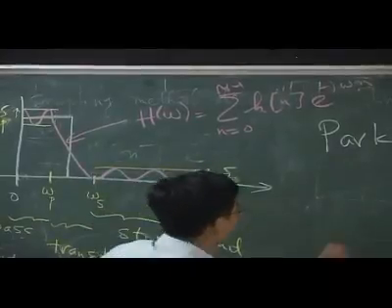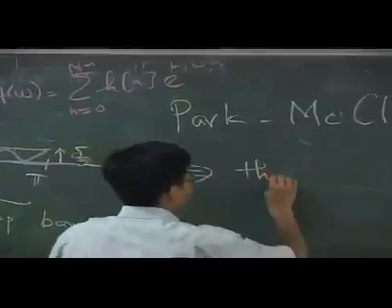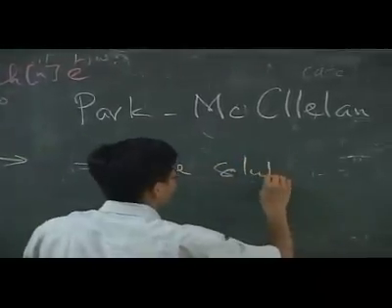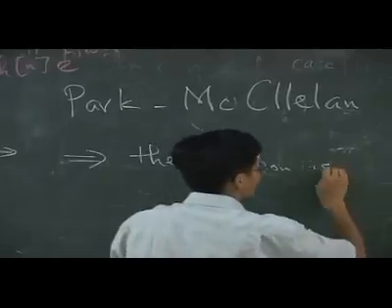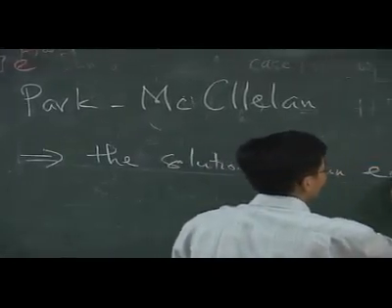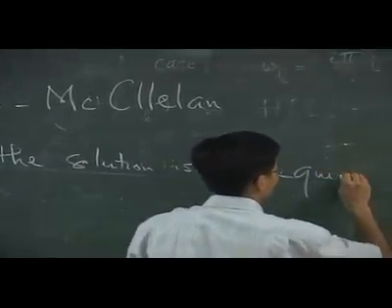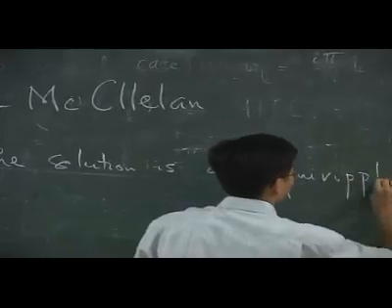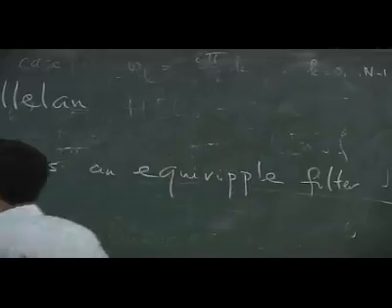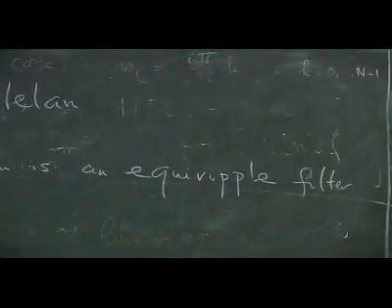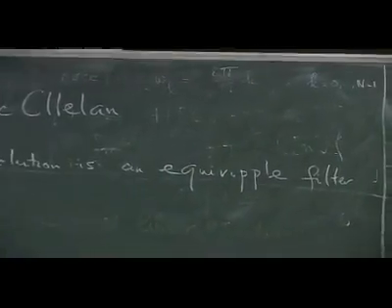The solution, and that part we can really prove, is an equiripple filter. It's not hard to see, right? Because I really want to enforce something that is kind of above certain level here.